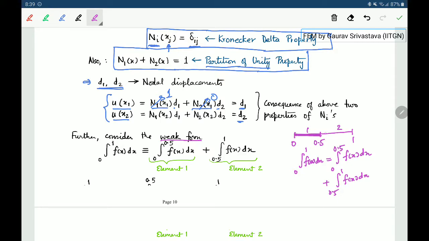First one defined here in element 1 and second one defined here in element 2. And doing this does not introduce any error because this is mathematically exact. So any definite integral of this type can now be broken into an integral within element 1 plus an integral within element 2.